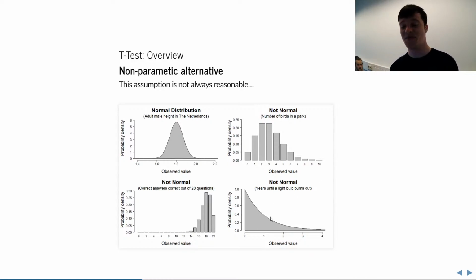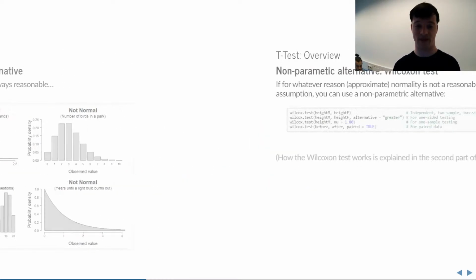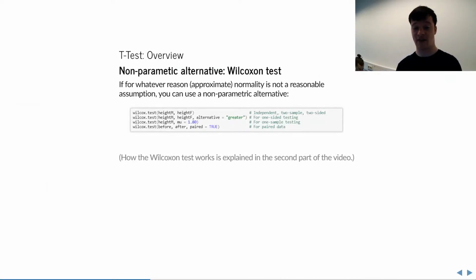So the point being, if you're going to compare groups that look like this, then what is the point of comparing means? What is the special meaning of this value over here? In that case, it's better to use a different type of test. We have those tests, and they work exactly the same as a t-test in R, except that you have to specify that you want to perform a Wilcoxon test instead of a t-test.